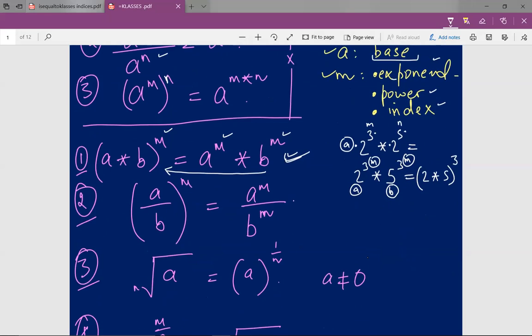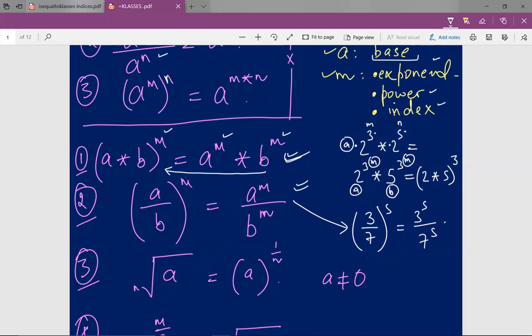Again, let us take any random example. Let us say 3 upon 7 whole power 5 should be equal to 3 raised to power 5 upon 7 raised to power 5. Let us try to understand this formula.